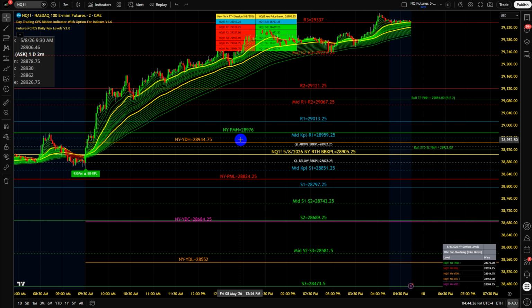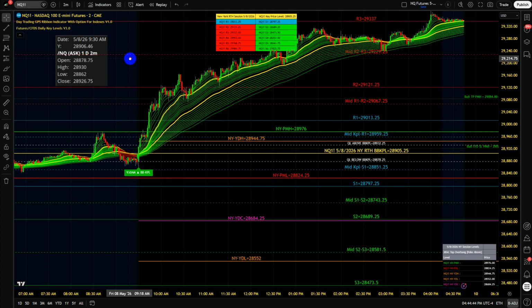So if we were taking a bullish trade off the PMH instead of the bull bear key price level, and we wanted to use a standard stop loss, that would be our stop loss on a standard SL for a bull PMH trade. And then this level here would be a 2 to 1 reward to risk for that.